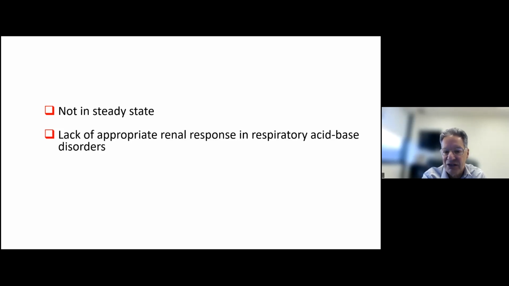In the absence of that, if you have additional renal pathology, you're not going to get the typical renal response to the respiratory acid-base disorders. Just like you're not going to get the typical ventilatory response in metabolic acidosis and alkalosis if you have some medullary or intracerebral abnormality going on. The lack of the appropriate response suggests potentially other organ pathology. But again, you may just simply have not waited long enough, so you're not in a steady state.